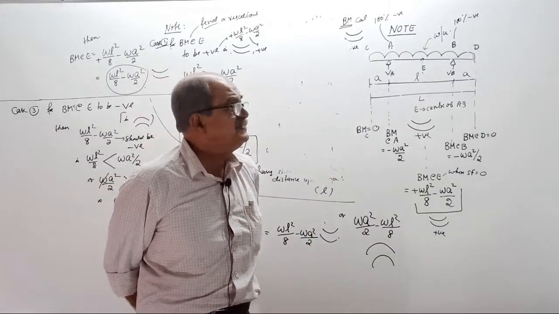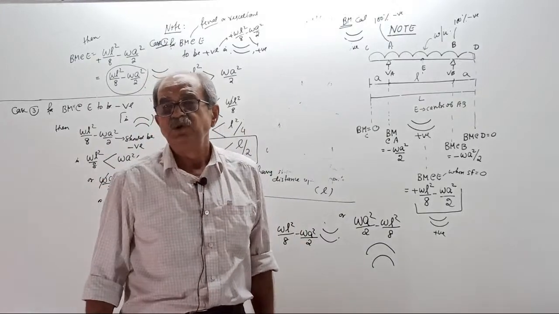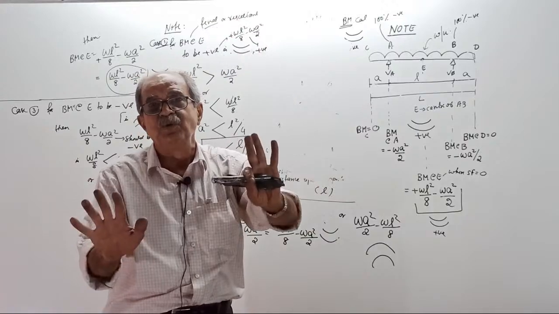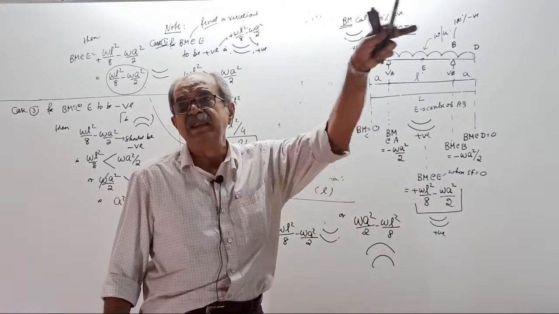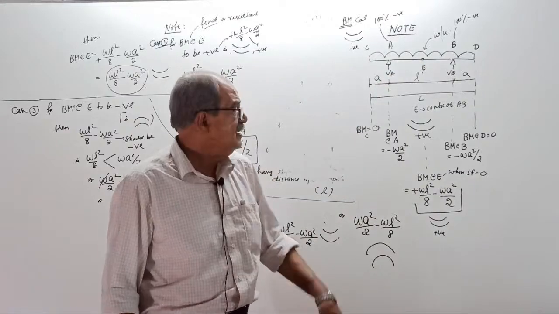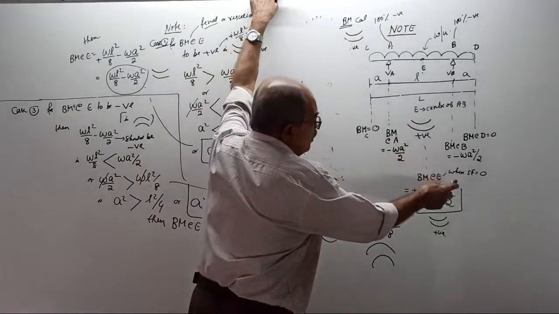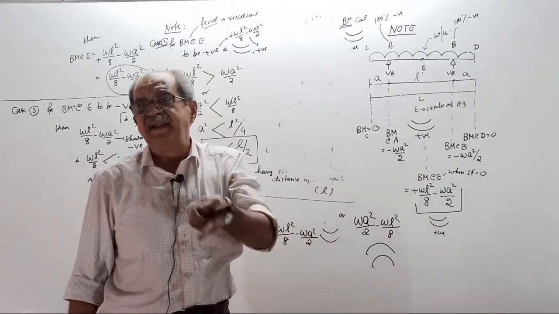When I say the correct thing, you call it nonsense, so you do not know anything. You had better start from primary school mathematics, not you, but him, if he talks arrogantly. Then really I will say WA square by 2 minus WL square by 8, that much hogging.